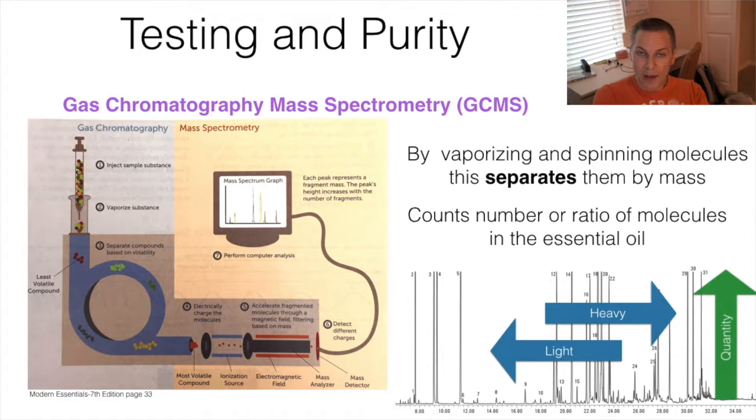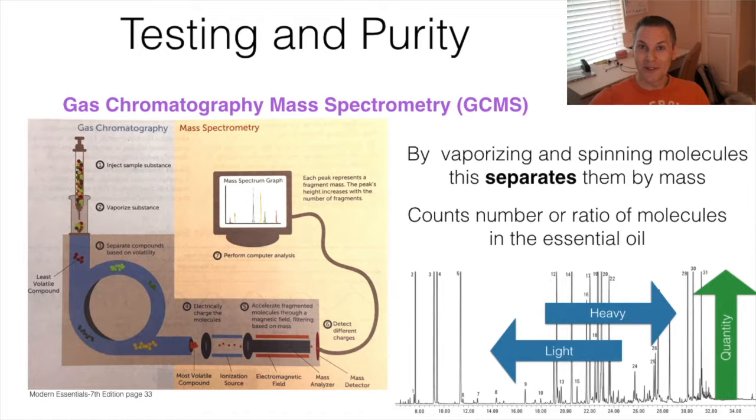As these groups of compounds pass through electromagnetic fields, the specific compounds are measured in terms of mass. So they're separated even further in terms of mass and quantity. As they come through the mass spectrometry machine, they're measured, and that's produced out on a graph.